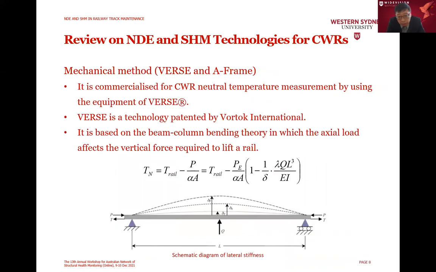For the mechanical method, it uses a lifting frame device, commercialized for CWR neutral temperature measurement using the VERSE equipment. VERSE is a technology patented by the Vortok International company. It is based on beam-column bending theory, in which the axial load affects the vertical force required to lift the rail. Here is the equation, but I won't give the detailed description.